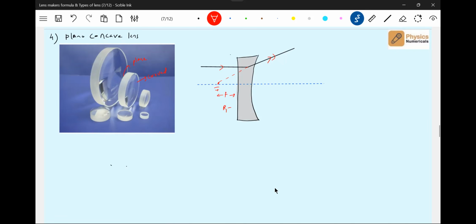The radius of curvature of this is infinity, let this be R. Refractive index mu, let this be air. So from the lens maker formula, 1 by f equal to mu 2 by mu 1 minus 1.